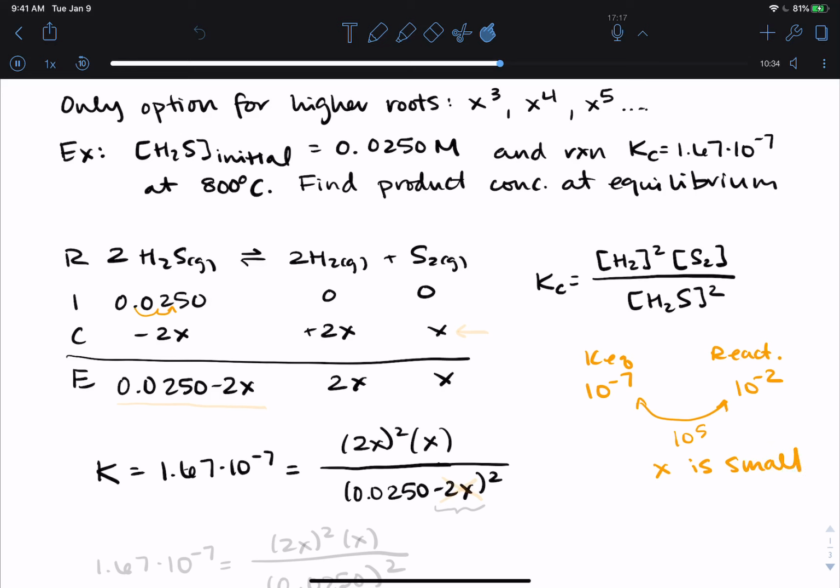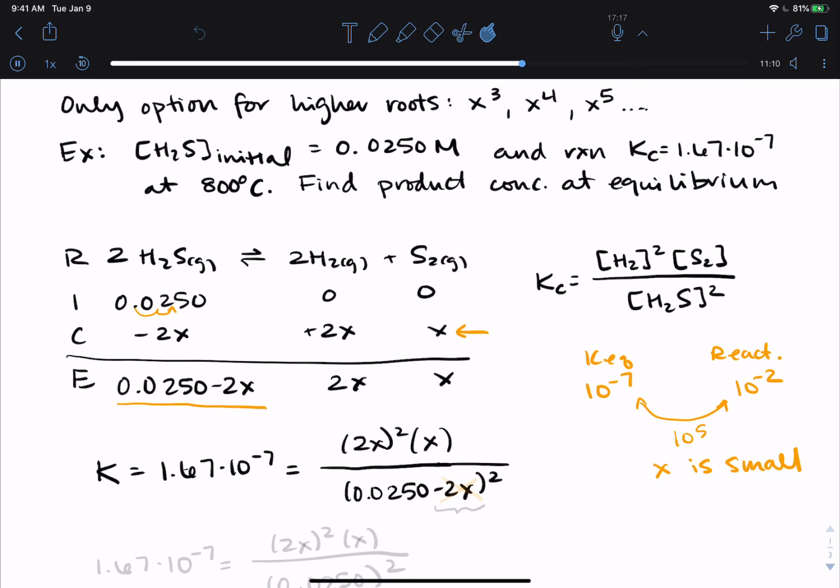Meaning the amount of change in this row will be very, very tiny. Now, it will still be something. We've talked about how you have to have some concentration of product or reactant to be at equilibrium. But if x is really tiny, then 0.0250 minus 2x should basically be 0.0250, or really, really close to it.